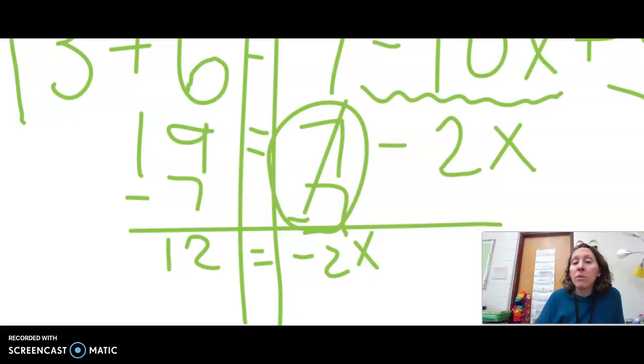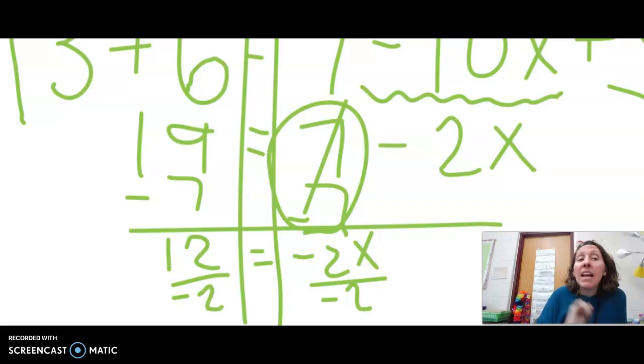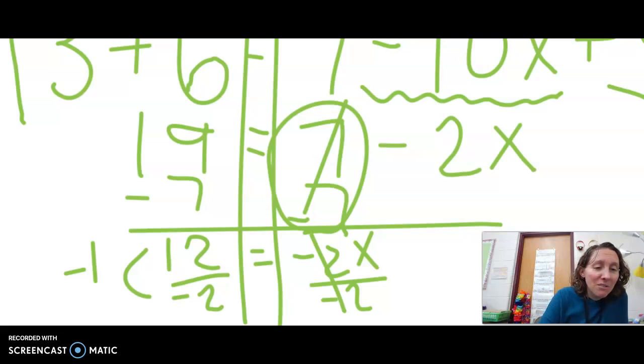The inverse of multiplication is division, so we are going to divide both sides by that negative 2. We have to do the same thing to both sides. Anything divided by itself is 1, and 1x is just x. And then over here, we have negative 6. So x equals negative 6.